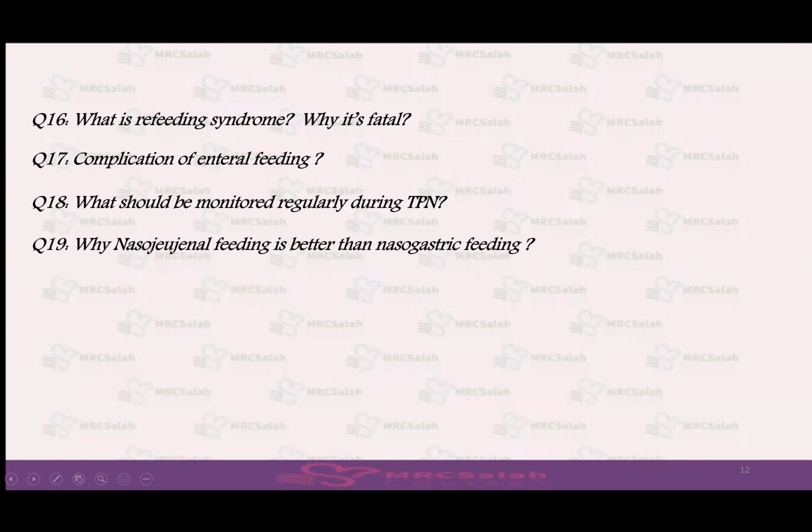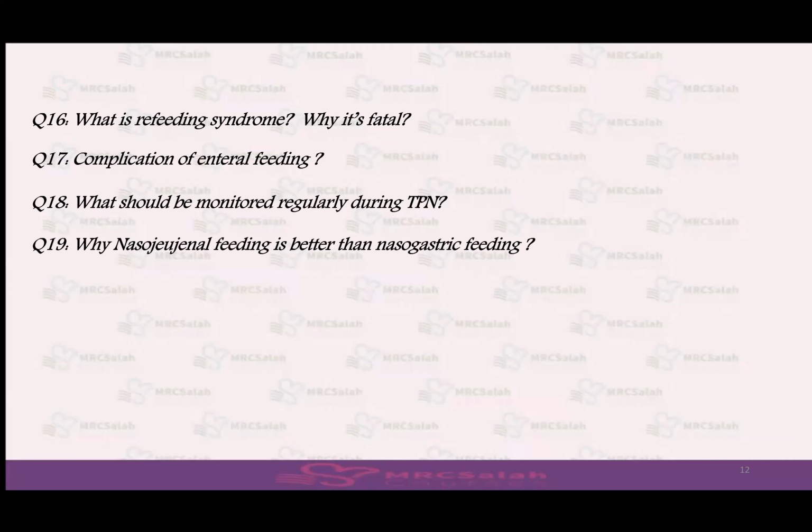Why is nasojejunal feeding better than nasogastric feeding? I think nasojejunal feeding skips the gastric component of feeding, which means that there is a rest for the gut.